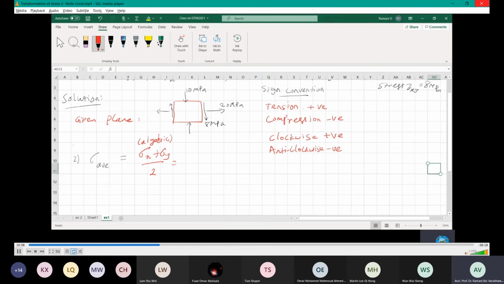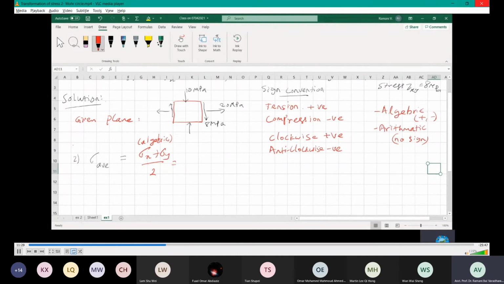When I say algebraic, the sign is important, the sign is included. Arithmetic is numbers only; we don't bother about the sign convention there. No sign considered.